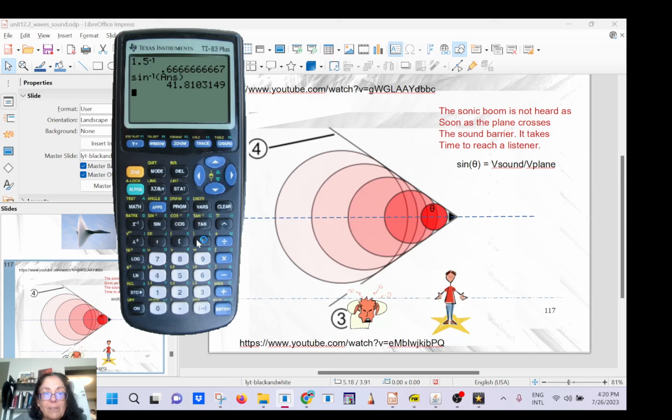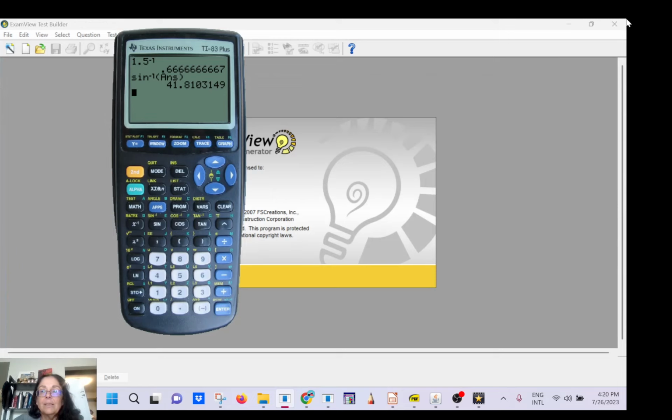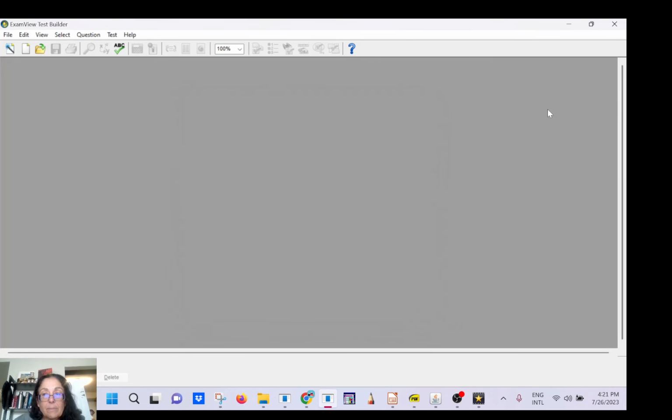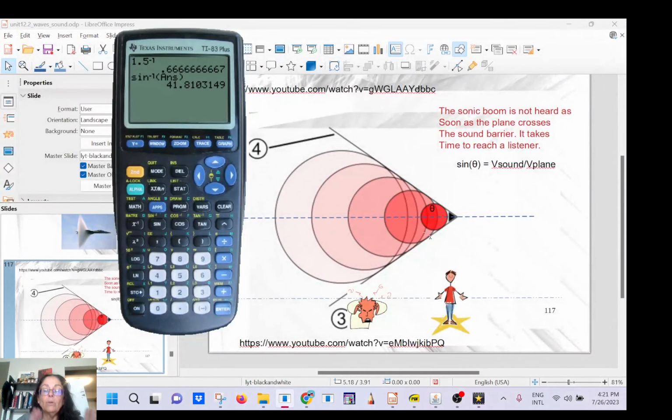If it's moving faster, so for example, if the airplane is twice the speed of sound, the cone is going to decrease, right? I mean, the angle is going to decrease.